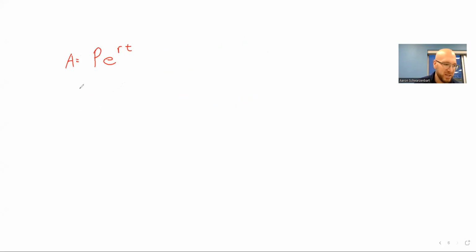Okay, this is a nice, clean, simple formula. Basically, it's my other formula, and e, somewhere I've shown you this with a limit, e is basically 1 plus 1 over infinity to the infinity. And so I'm kind of replacing this 1 plus r over n to the nt with e to the r.